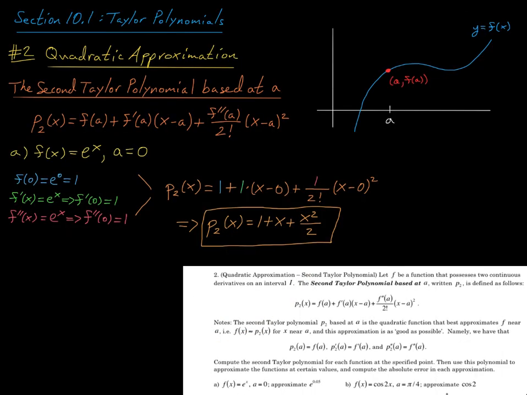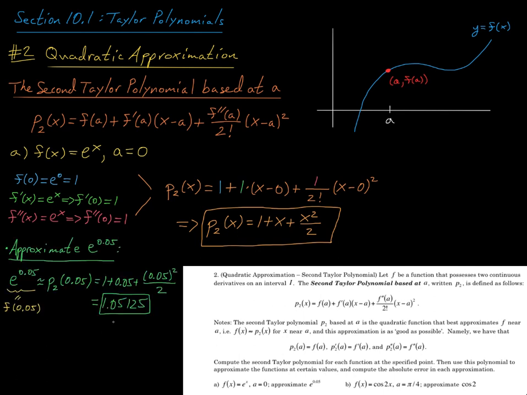Now let's go ahead and approximate the value e to the 0.05. For that, first note that e to the 0.05 is just f of 0.05, so that's approximately p2 of 0.05. If I plug 0.05 in for x into this expression we found for p2 of x, we get 1.05125.